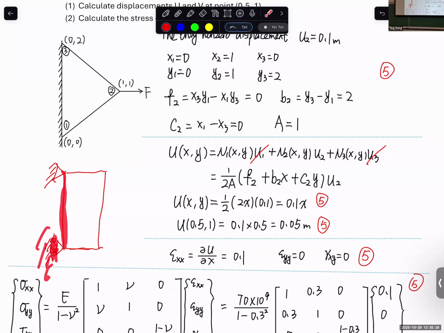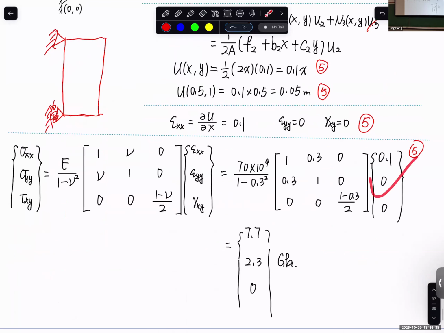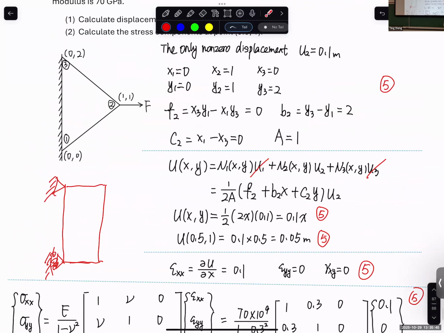But since it wants to contract and I fix it so it cannot contract, it will generate a stress in the y direction. Make sense or not? Yes. That explains why here is 0, but here is non-zero. Of course, if I change the boundary condition, it could be a different thing. If I change to this boundary condition, then the strain is non-zero. You can calculate strain from the Poisson ratio, and the stress becomes 0 because it's free to contract.